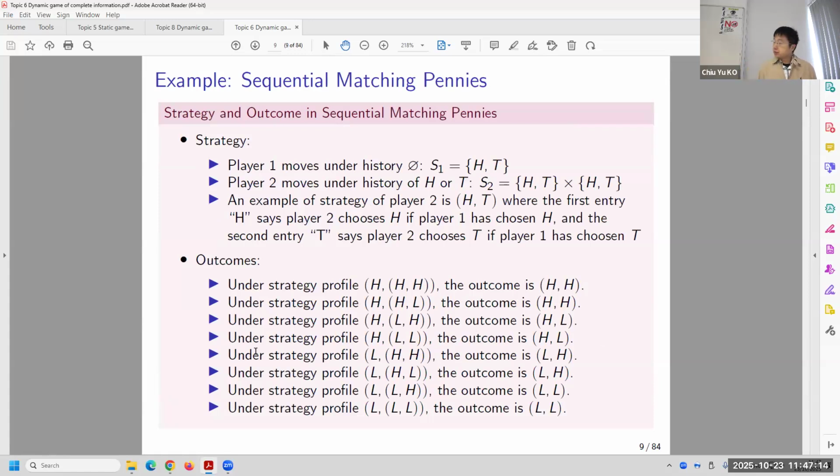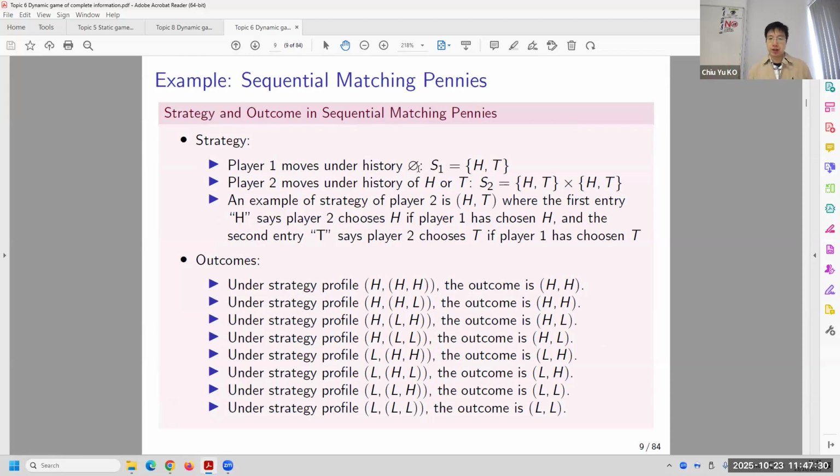So remember, a strategy is to specify all the possible times they can move and what they can do, right? In this game it is very simple because everyone only moves once.